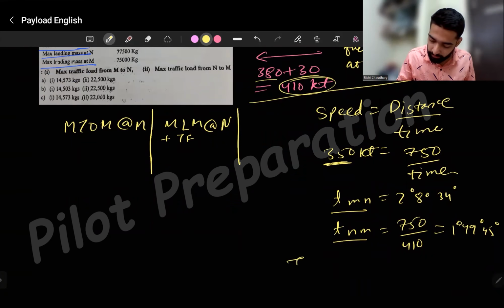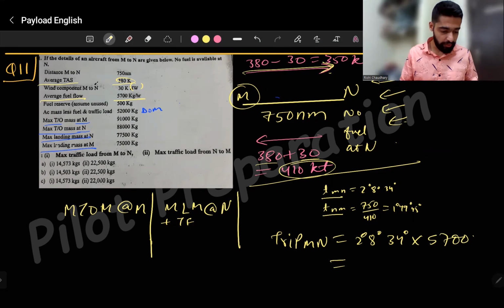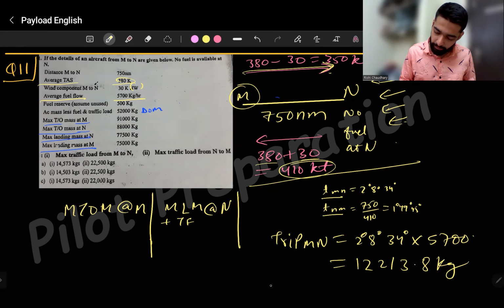So trip M to N is equals to 2 hour 8 minute 34 second multiplied by 57,000. Oh, sorry, 5,700, not 57,000. So this will be equal to 12213.8 kg. And trip N to M will be how much?